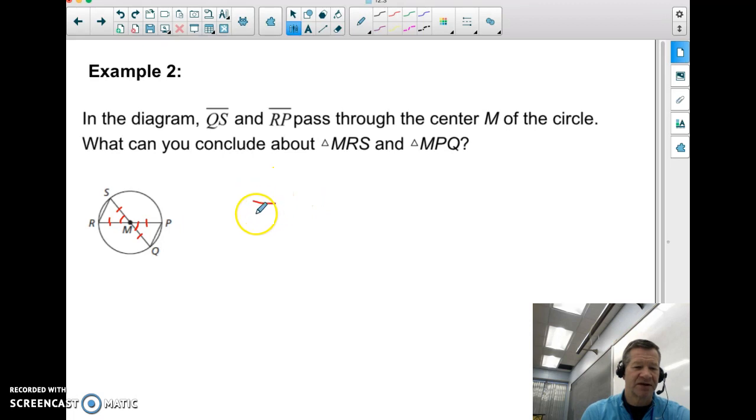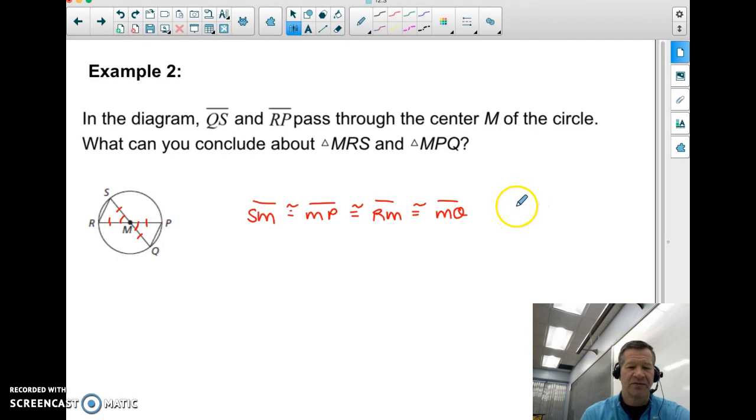Segment SM is congruent to segment MP is congruent to segment RM is congruent to segment MQ. And again, I have to give a reason, and that's just by definition of a radius. We know that radii are all congruent. If you would say radii are all congruent, I'd be fine with that.